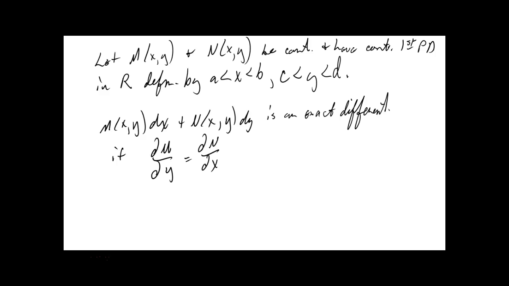If they're equal, you've got an exact differential. If it's not, we're going to talk about that later. But if it is, then it's solvable, but we don't know how. So that's what we're going to head into now.